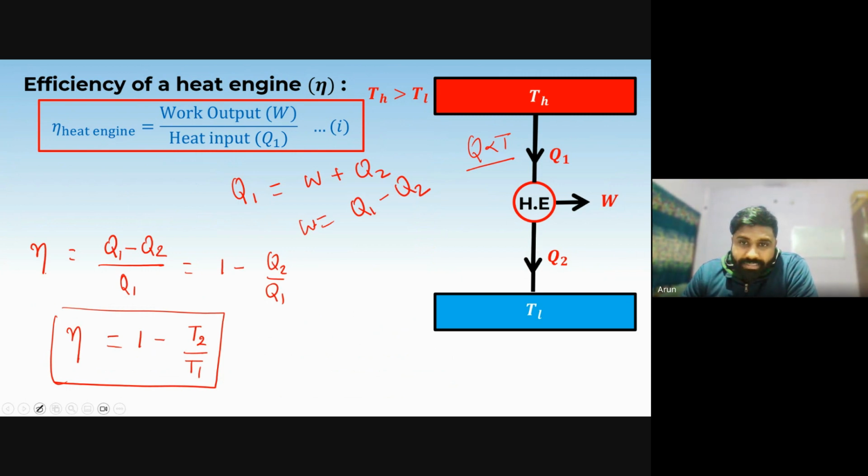T2 is the temperature of the source where we reject heat, and T1 is the temperature of the source, the hot reservoir, where we have taken the heat. So you can see here, for eta to be 100%, for an engine to work at 100% efficiency, this T2 should be 0. And T2 is the temperature of the surroundings. Okay.